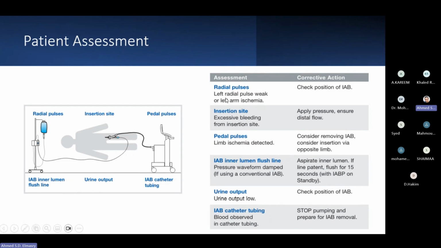So why are we assessing the radial pulse? The balloon, as we said, is sitting in the proximal part of the aorta. If the balloon migrated up, it might occlude the origin of the left subclavian artery, and you will not get a blood supply to the left upper limb. That's why you need to assess the radial pulsation.